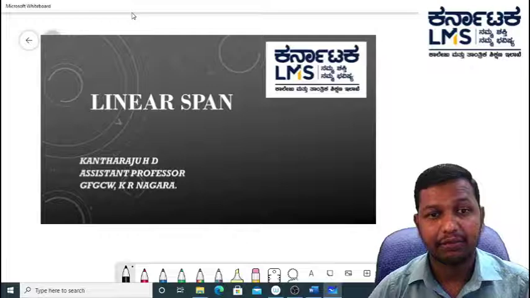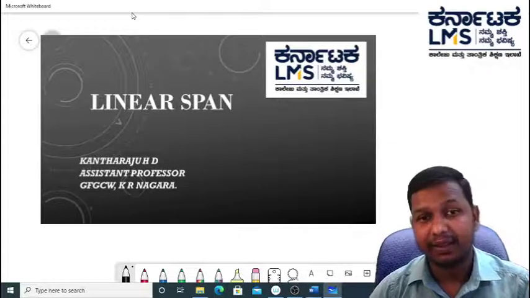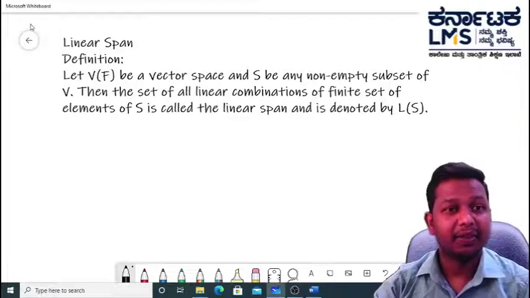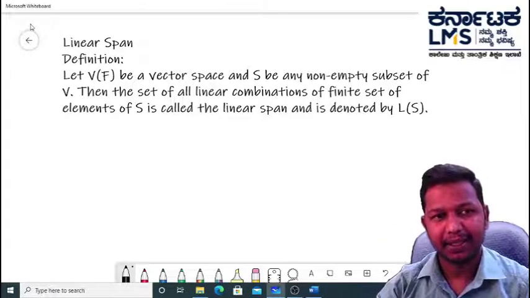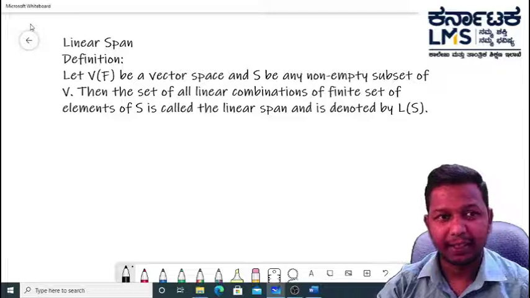In this session, we are going to discuss the linear span of a vector space. Let's see what is linear span. To define the linear span, we need a vector space.